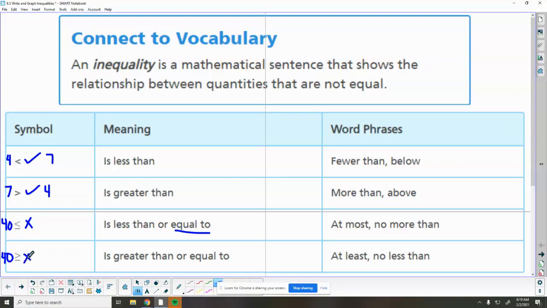So anybody could ride the ride if they were 40 or smaller. So 40 was the greatest that they could be. All this means is, right, it has half an equal sign, half the less than or greater than sign. And it's just saying it can be exactly that or bigger or smaller. And these are just saying it has to be bigger or it has to be smaller. It can't be exactly that height.